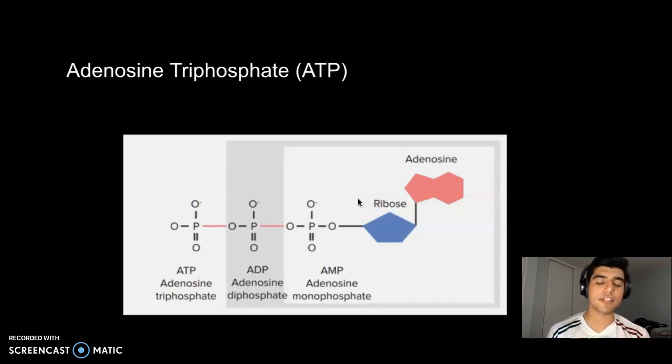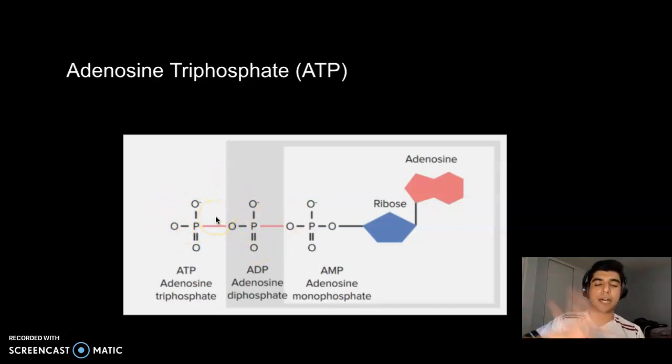When it loses 1 phosphate group, when it loses that bond between the second and the third phosphate group, adenosine diphosphate doesn't have much energy left. It's considered an inactivated form of ATP. But when you add the third phosphate group, then it's considered an activated form, one that is fully charged.